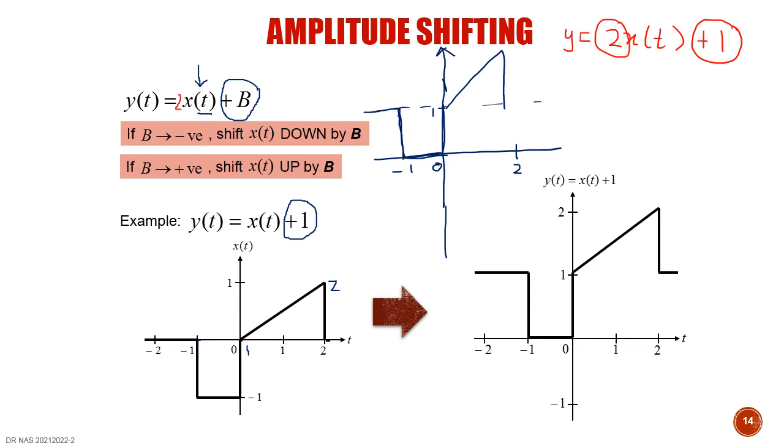When you have amplitude scaling, the amplitude of the signal, 2 times 2, becomes 4, and 1 times 2 becomes 2, and 0, and here also 2. So if you have a variable in front, it is called amplitude scaling, and if you have a plus or minus at the back, outside the bracket, it is amplitude shifting, whether the signal is shifted up or shifted down.